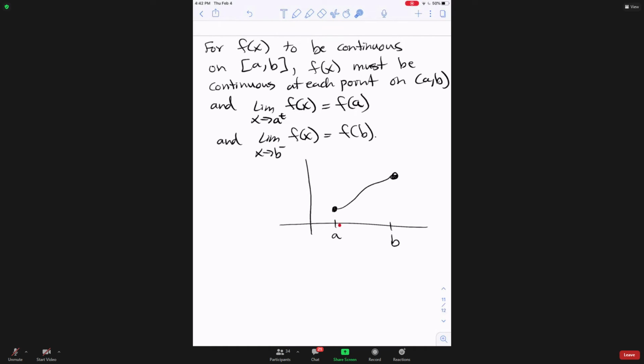So for the endpoint A, the limit as x approaches A just from the right side has to equal f of A. And for the endpoint B, the limit as x approaches B just from the left side has to equal f of B. It gets a looser requirement because nothing necessarily exists on the other side of it. So we can still call this continuous on the closed interval AB as long as these requirements are met.